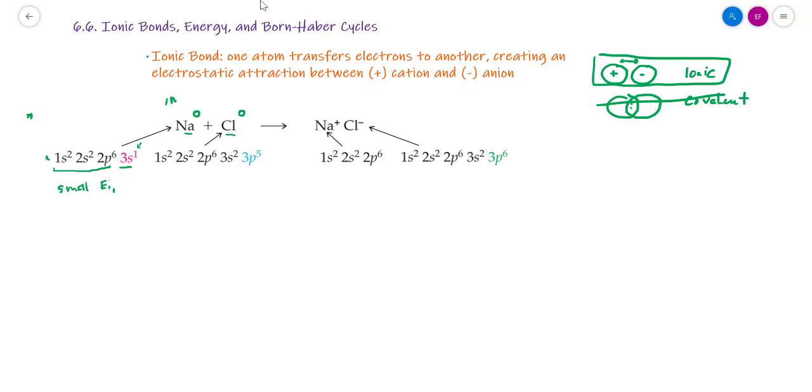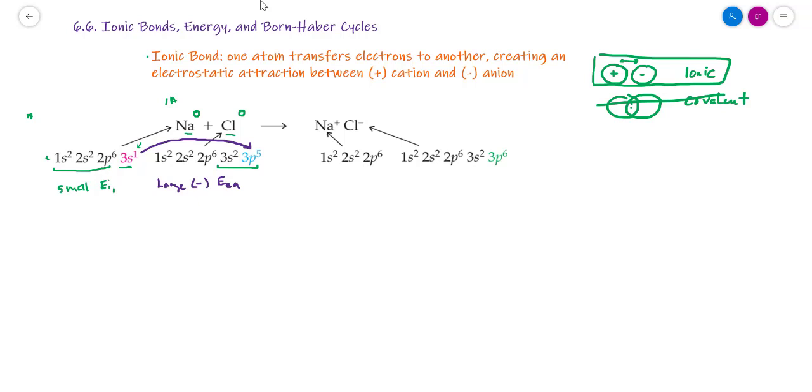At the same time, we can look at chlorine and see that it's one electron away from being a noble gas configuration as well. Where do you think that one electron is going to come from? It's going to take it from sodium, right? So it's going to add that electron here, and it's going to do that because this has a large negative electron affinity energy.